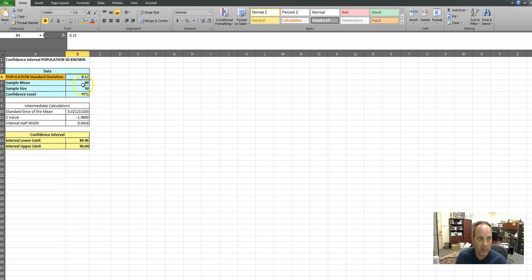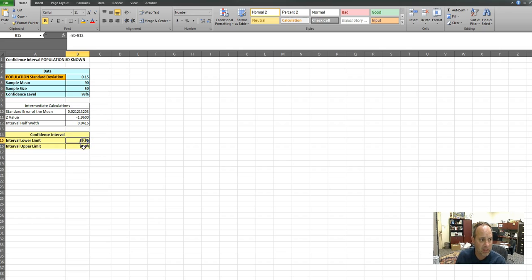This whole teal box is a data entry box, so you would put in the population standard deviation, the sample mean you've already calculated, and your sample size, and here you would just type in what that confidence level is. Like I said, 0.90, 0.95 or 0.99. In this particular calculator, you don't have to put the decimal point in, you can just put it in as 95%. And then it does all the calculations for you.